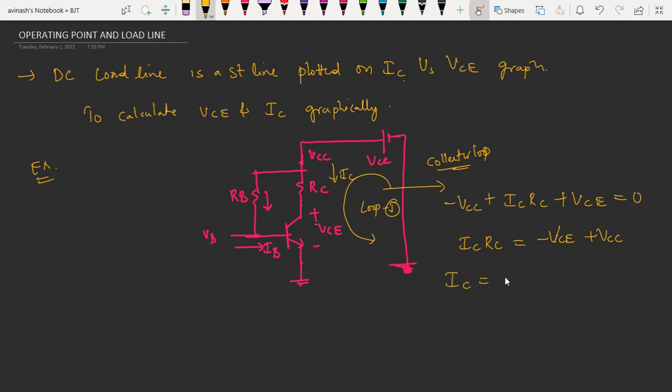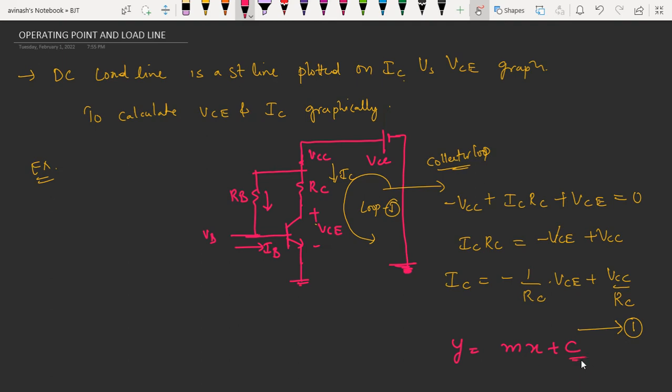So this can also be written as IC is equal to minus 1 by RC times VCE plus VCC by RC. Let us take this as equation number 1. If you observe equation 1, we can compare this with the straight line Y is equal to mx plus c.